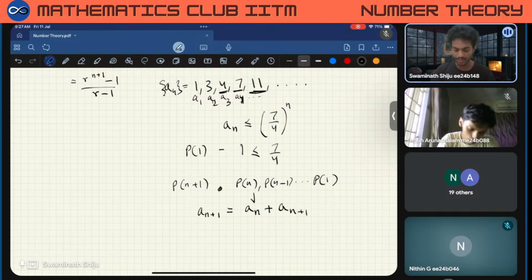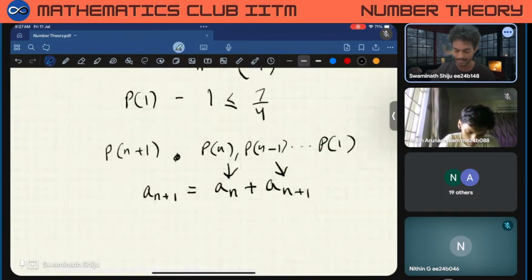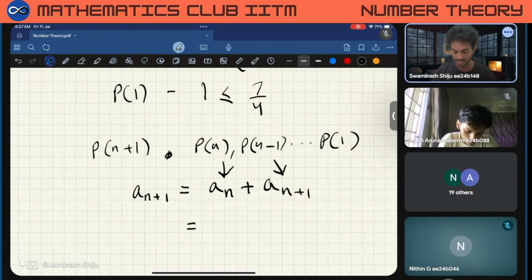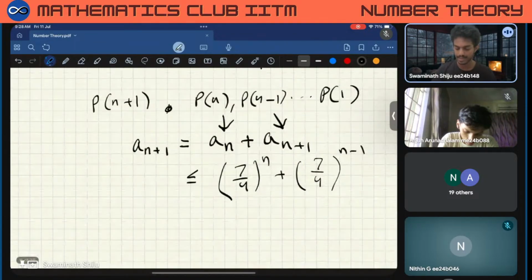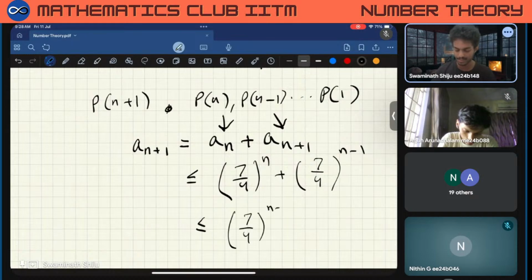From these two assumptions, we know that this is less than or equal to 7 by 4 power n plus 7 by 4 power n minus 1. That's less than or equal to 7 by 4 power n minus 1 into 11 by 4.